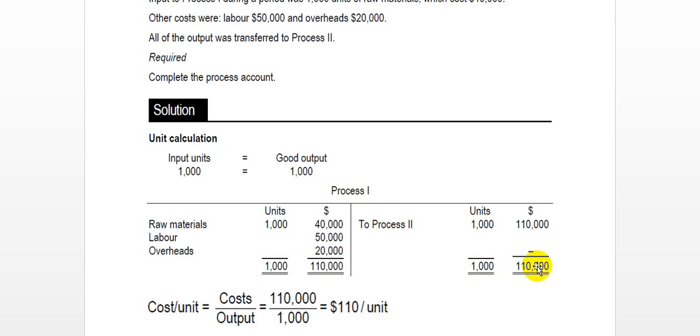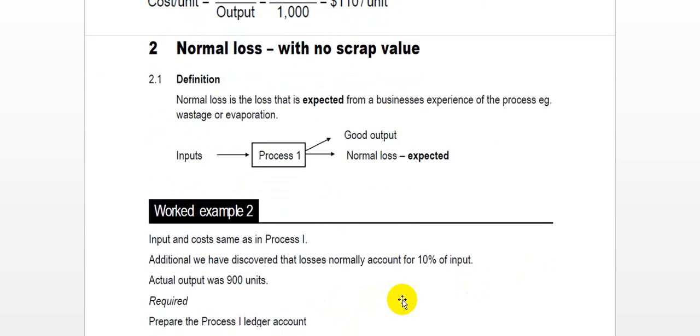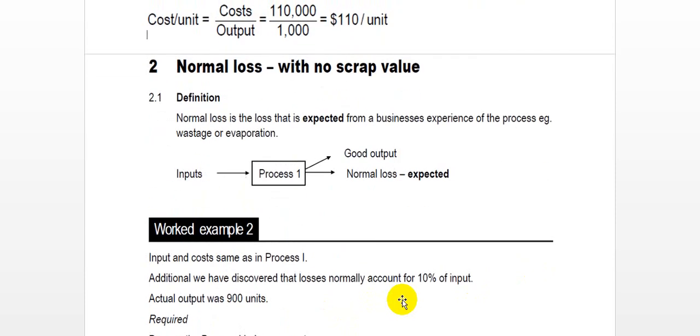So to get a cost per unit, 110,000 divided by 1,000 gives you a cost per unit of 110. Any question there?